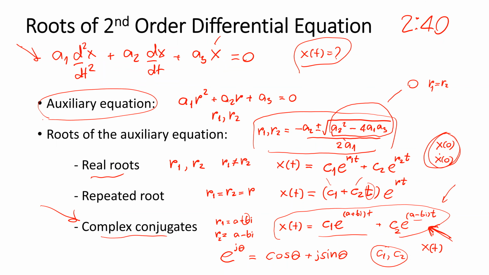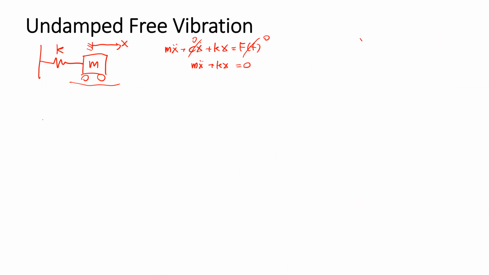Auxiliary equation: m r square plus k equals 0.